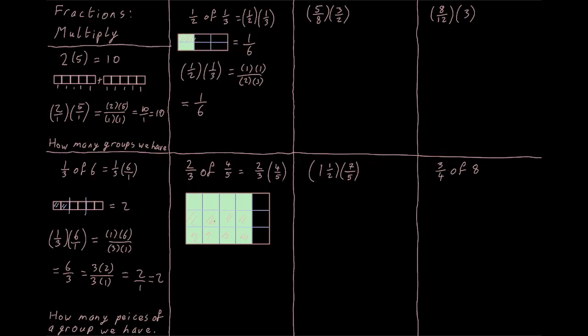That would be 1, 2, 3, 4, 5, 6, 7, 8. That would be 8/15ths. So I have 15 little pieces all together, and I have 8 of them colored in for 2/3 of my 4/5. So that's going to be 8/15ths. Now, how do we do that mechanically?